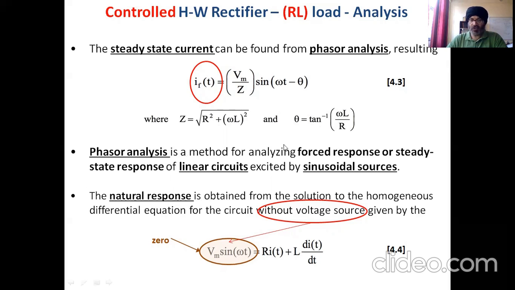The natural response, we know, is without any external stimuli or excitation, which happens naturally without any external force.